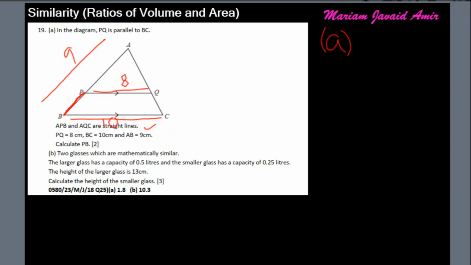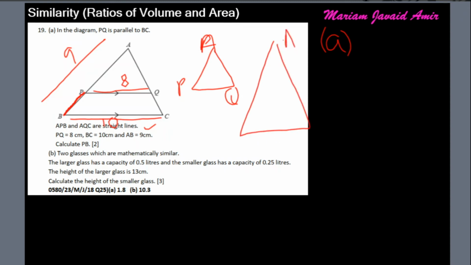So we can use similar triangles. We can say that this triangle APQ is similar to this whole triangle, which is ABC. And why are they similar? Because all their angles are equal. This angle and this angle are corresponding angles because of these parallel lines.